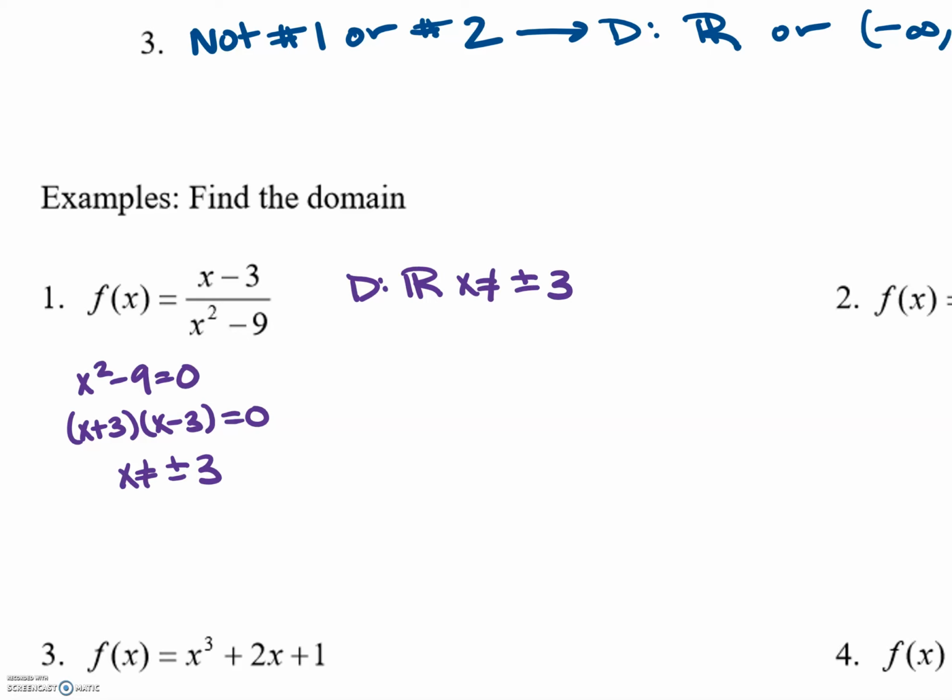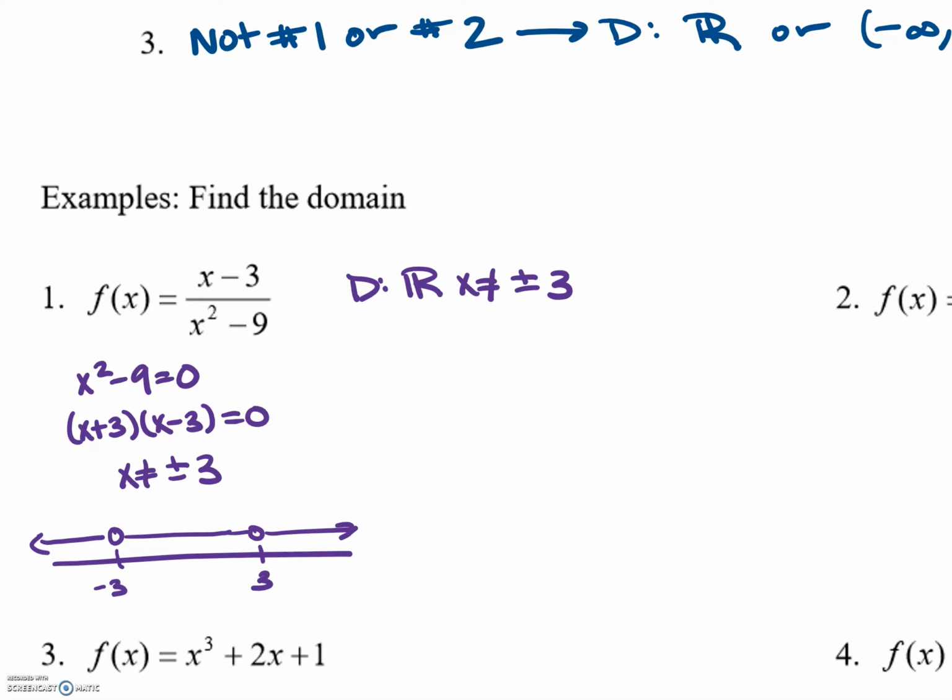Now realize that on your MyMathLab assignment, it may ask you to write your answer in interval notation. So let's look at this on the number line. Negative 3, positive 3. It says it cannot equal that, so it's going to have a hole there. But it includes everything else.